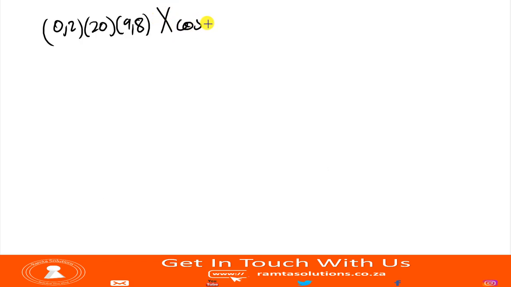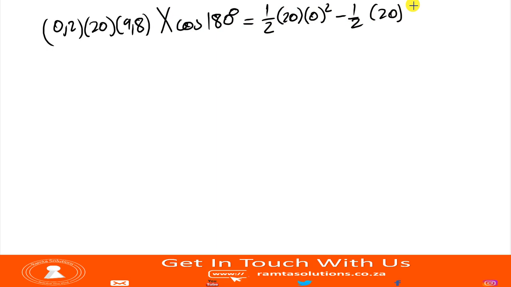Now, friction always opposes motion, so the angle will be 180 degrees. At point C, the child stopped, and we found the velocity of this child at point B, which was 10.